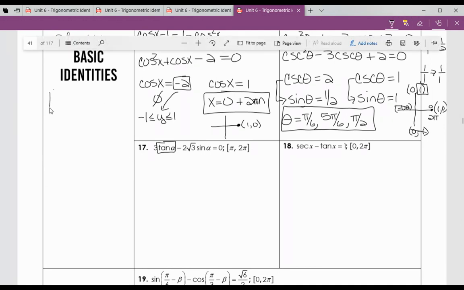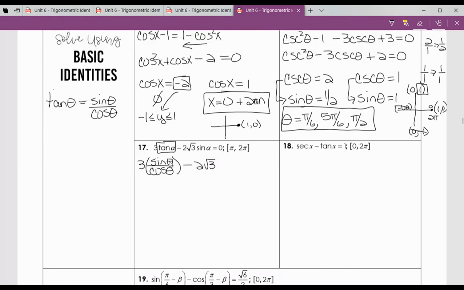You have a quotient identity that says tangent theta is equal to sine theta over cosine theta. So I'm going to replace that with 3 times sine theta over cosine theta. I'm going to leave 2 square roots of 3. I should be using alpha. I apologize. Let me put my alphas in so we are consistent here.